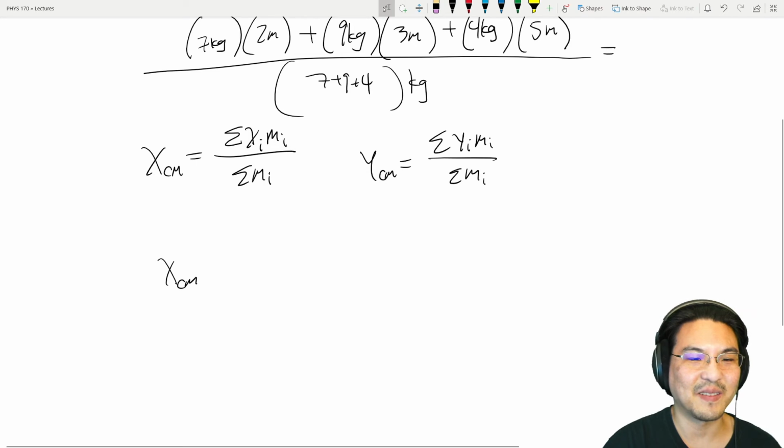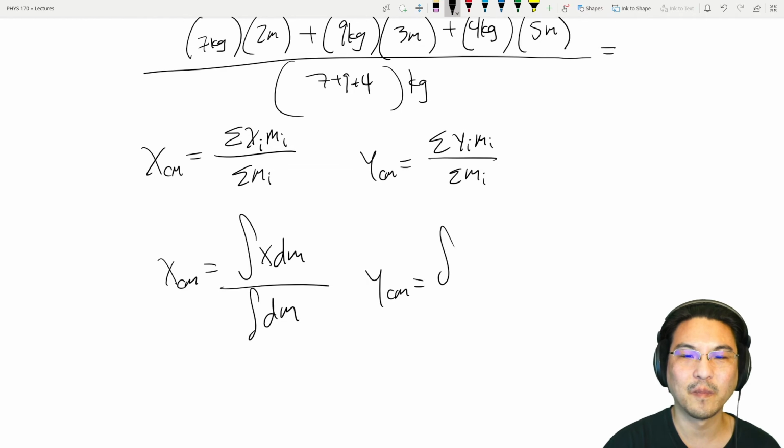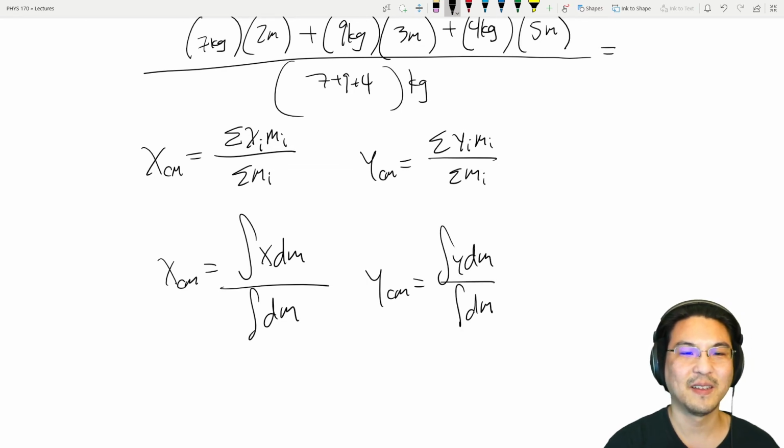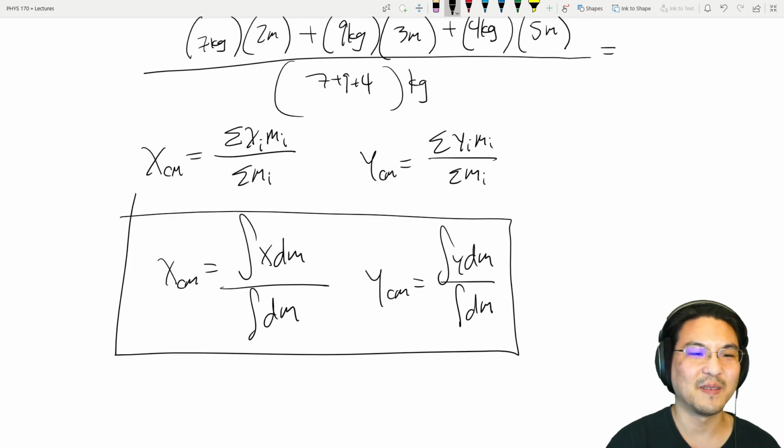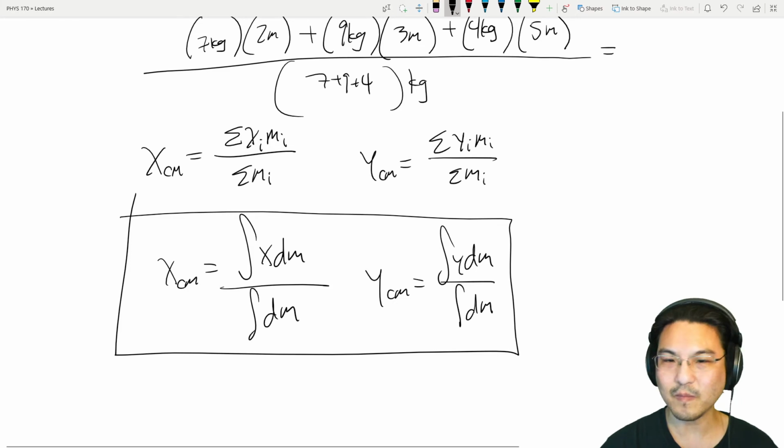The calculus version, instead of a sum, is an integral, like this. And these are differential masses instead. The y component, y. So we're integrating over the mass. This would be the calculus version of the location of the center of mass.